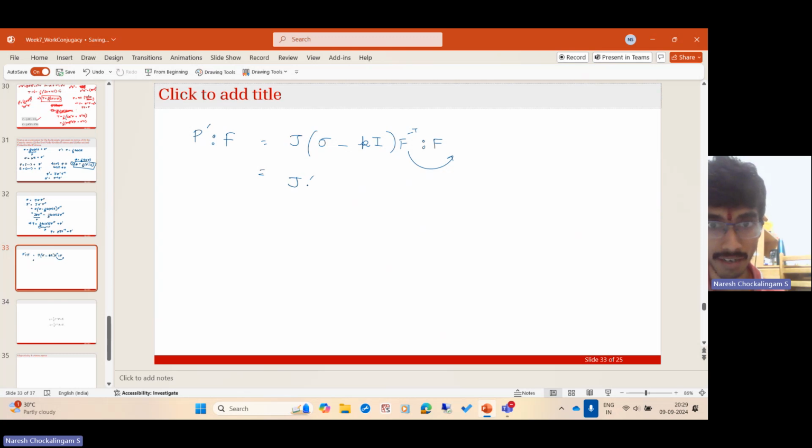You get J sigma minus small p I contracted with F inverse. So F inverse F is I.